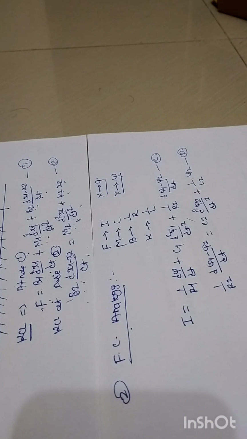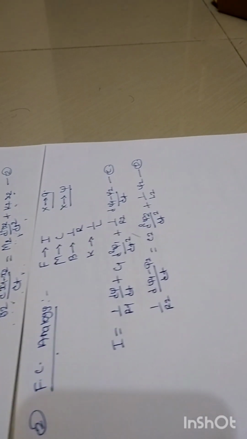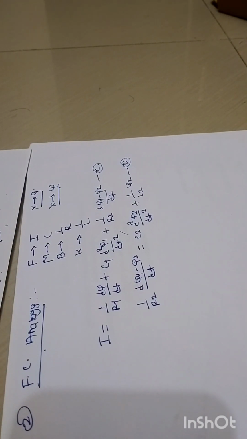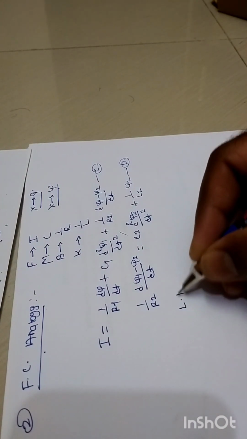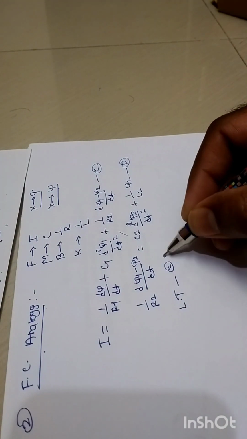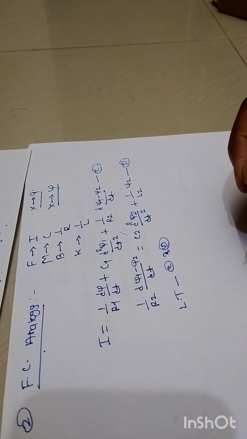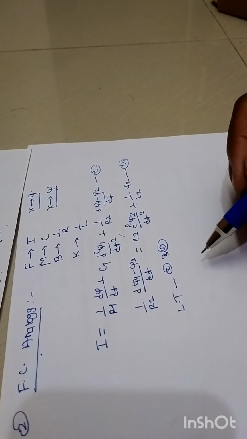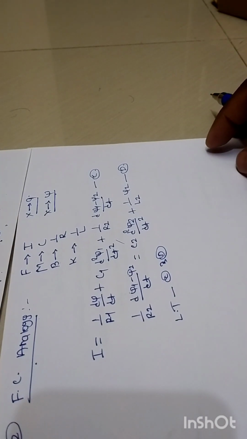Right. Then immediately after that, we apply the Laplace transform to equation number capital C and equation number capital D, to convert this time domain expression into the frequency domain expression.